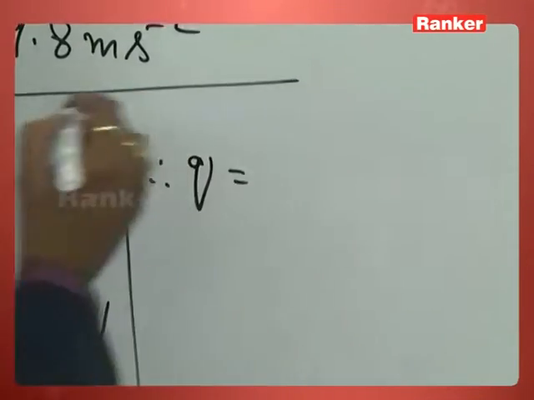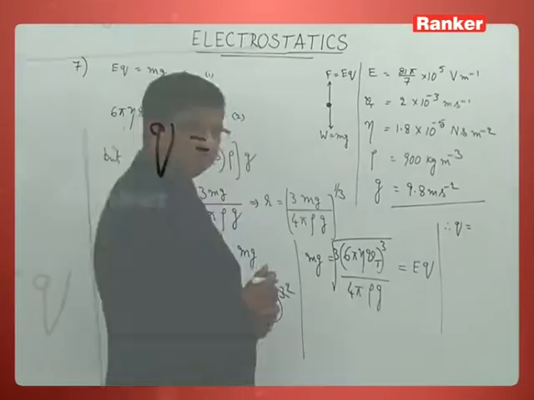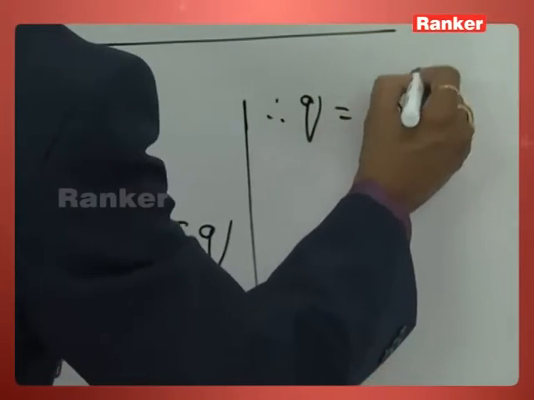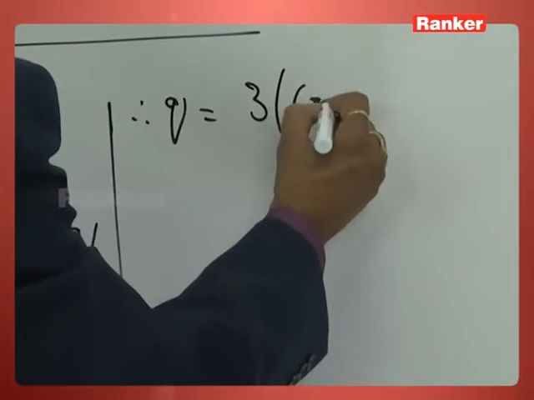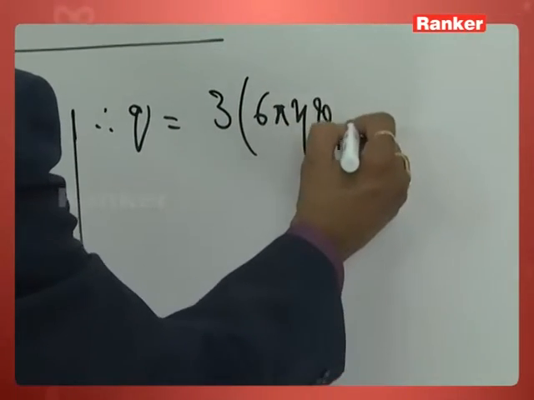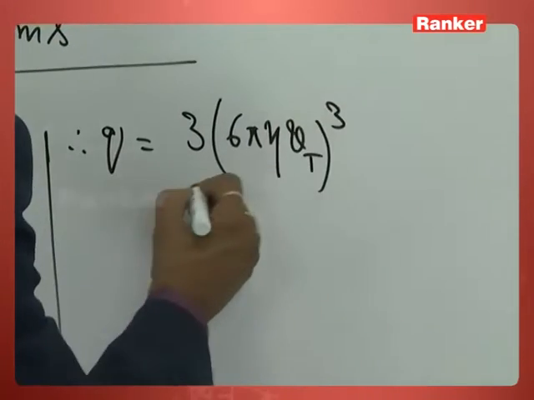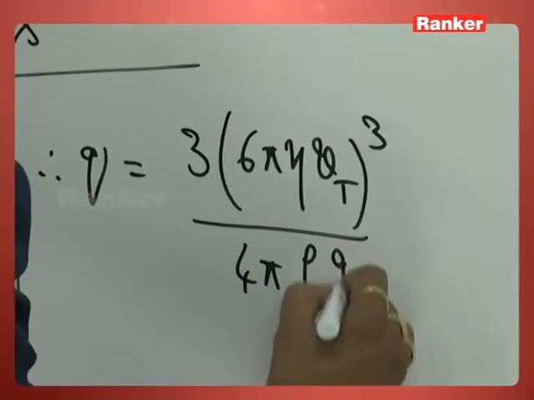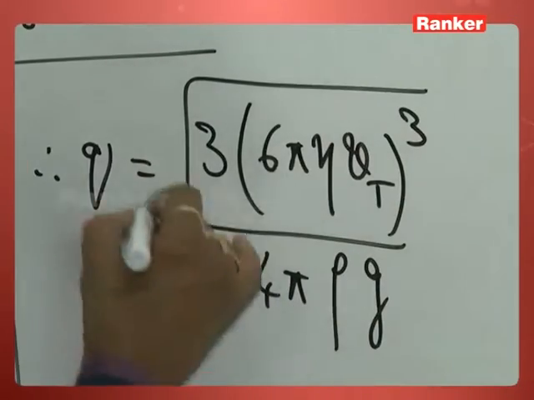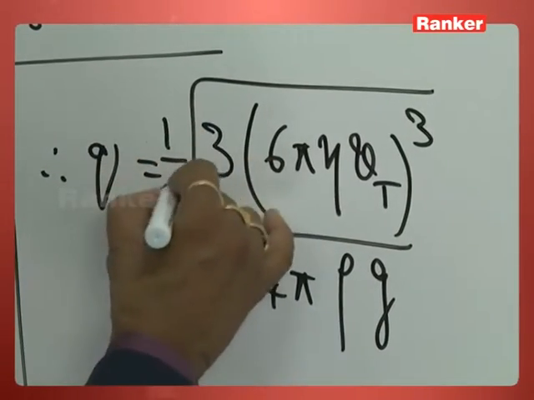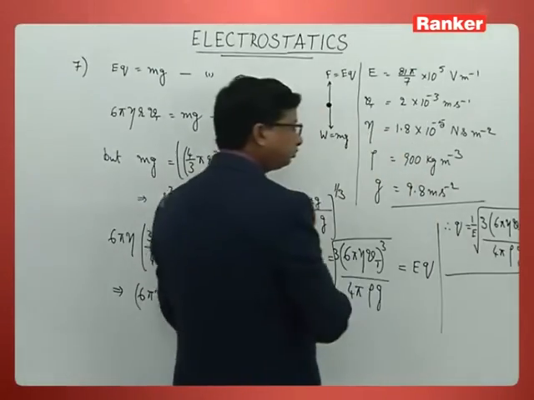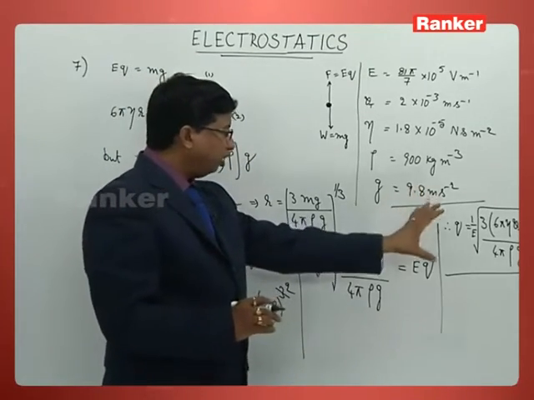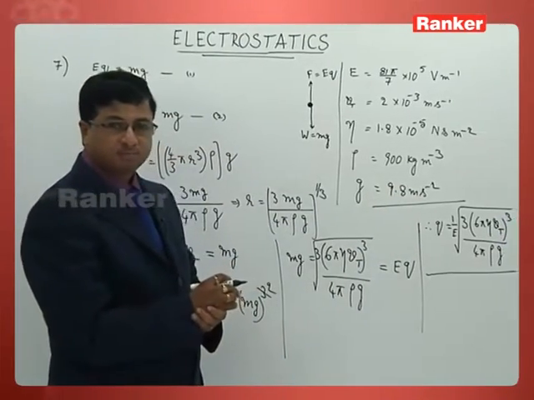Therefore, charge is equal to. What is the charge now? This one you can write 3 times 6 pi eta terminal velocity whole cube divided by 4 pi rho into g whole under root into 1 by e. That is the complete form of this charge equation.